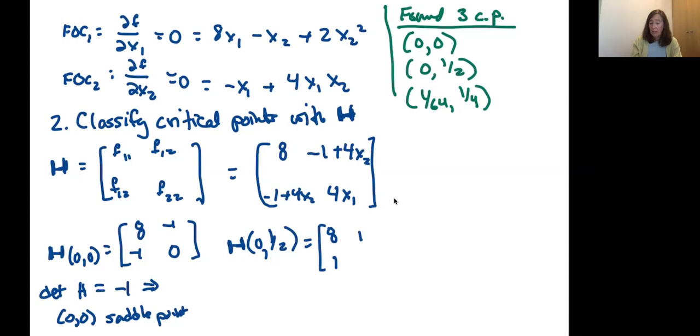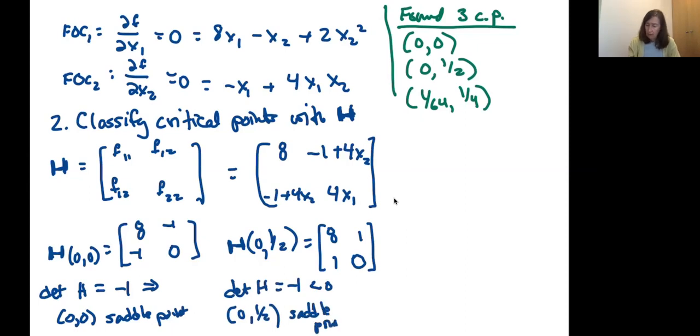That's a constant, but 4 times 0 is 0. The x2 equals 1/2 does mean that we have the ones here. So again, we have a determinant that is 0, minus 1, the fact that it's less than 0. Again, we have a saddle point. What a bummer. We're coming up with all these saddle points.